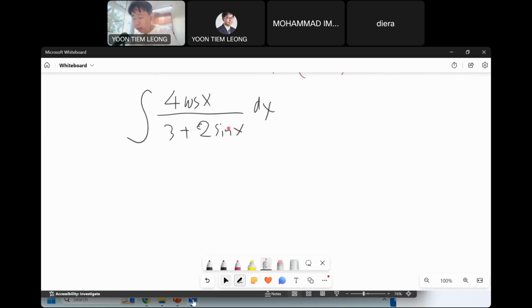To see this more clearly, let us define the function in the denominator as 3 plus 2 sine x. Sometimes you call this u, sometimes you call this g. It doesn't really matter. I'll call this g, so that g prime of x equals 2 cos x, so 2g prime equals 4 cos x.